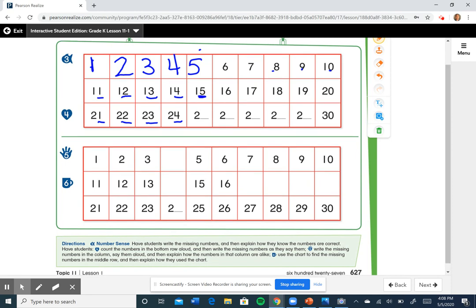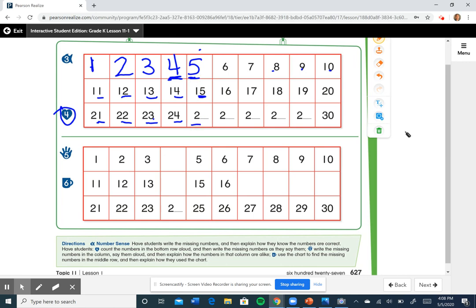Now, number 4 says count the bottom numbers in the bottom row aloud and then write the missing numbers as you say them. So we have 21, 22, 23, 24. What comes after 24? What comes after 4? 5.